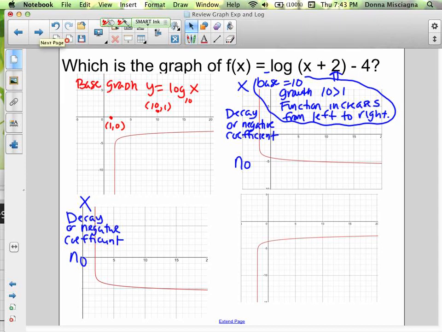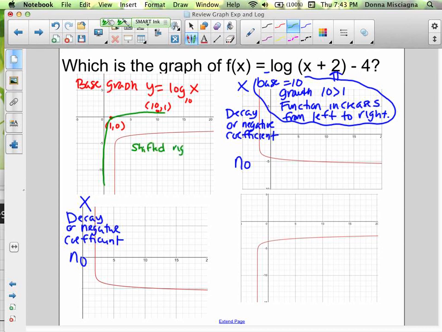Let me not graph in red. Let me graph in something else. So notice that this graph is shifted right and down.